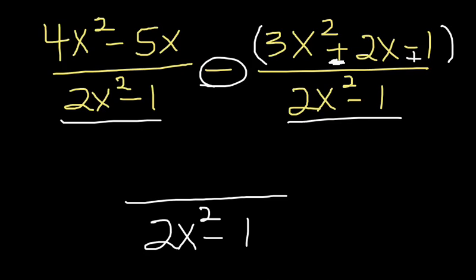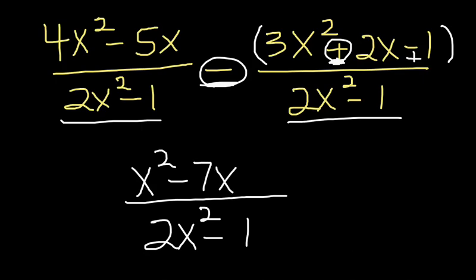So I'm going to say 4x squared minus 3x squared, which is just going to be 1x squared, or just x squared. We don't have to put the 1. And then I'm going to do negative 5x minus, because this sign right here changes because of the minus sign in front. Negative 5x minus 2x is negative 7x, not x squared, but x.